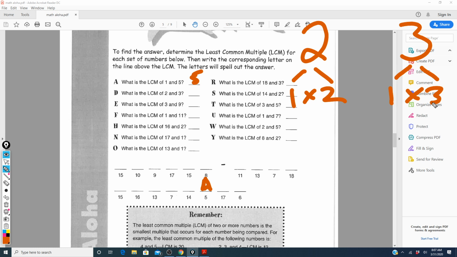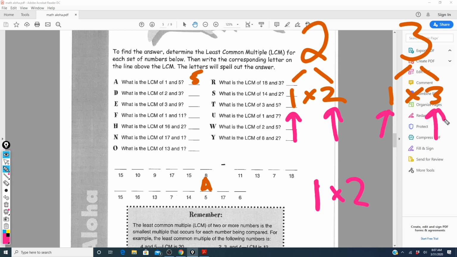So you take a look at both numbers and you say, well, what's the greatest number of times you see these prime factors occur? You see 1 occur once. You see 2 occur once. And again, you see the 1 occur once over here.